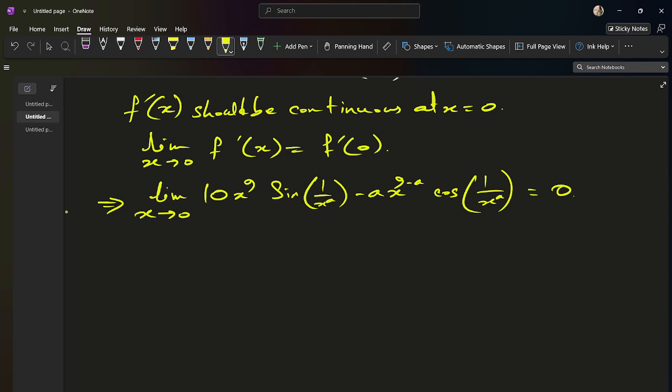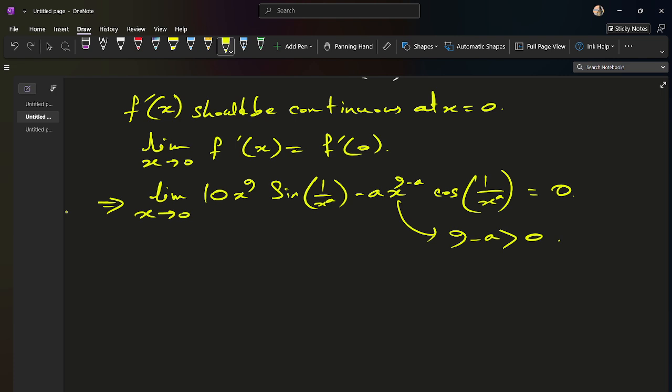Okay, so in this case we can say that there has to be 9 minus a greater than 0, then everything will be in our control. So 9 minus a has to be greater than 0.